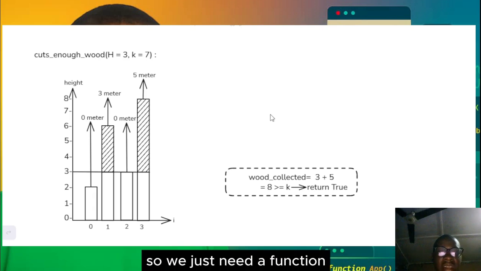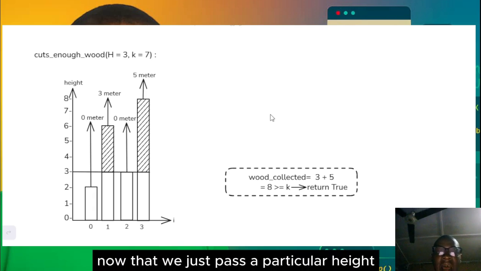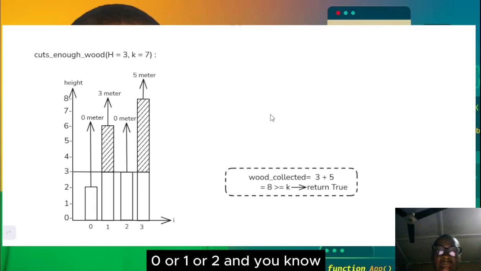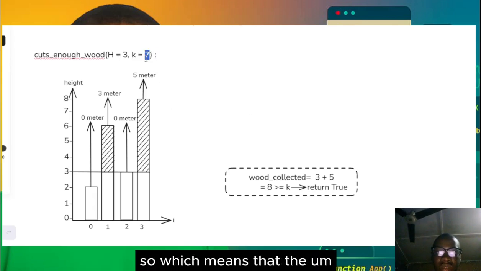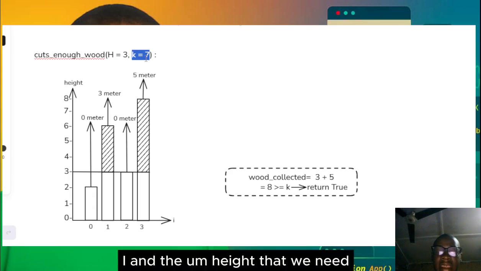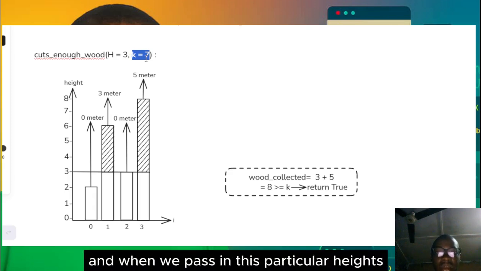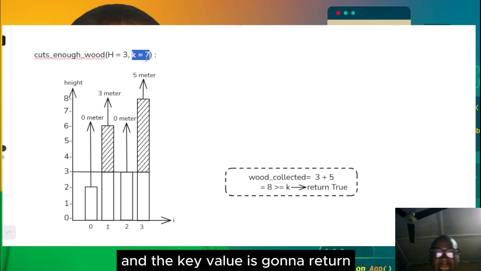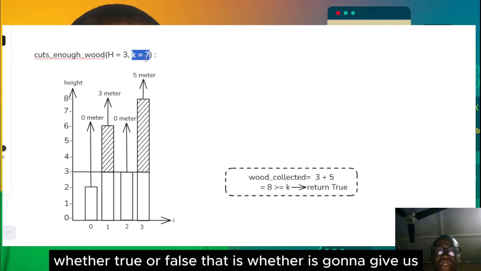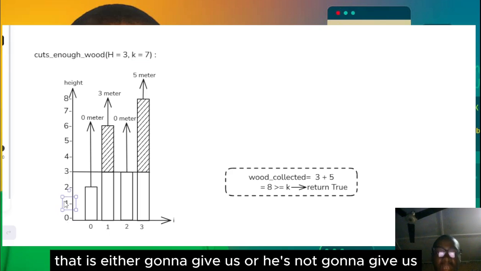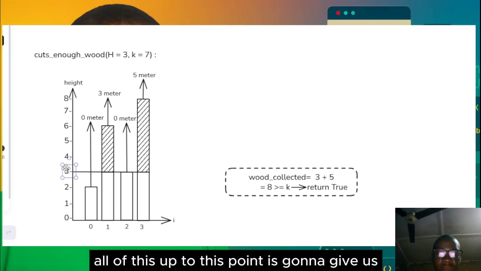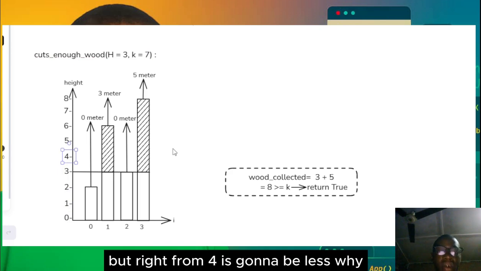So we just need a function where we pass a particular height, 0 or 1 or 2, along with the k we are looking for, and it returns true or false. That is, whether it is going to give us at least k meters of wood or not. All of this up to this point is going to give us, but right from 4 it is going to be less.